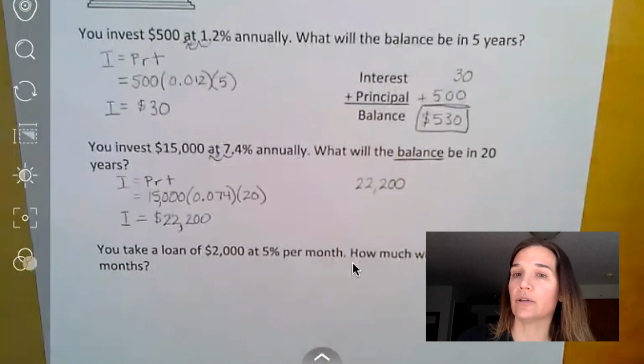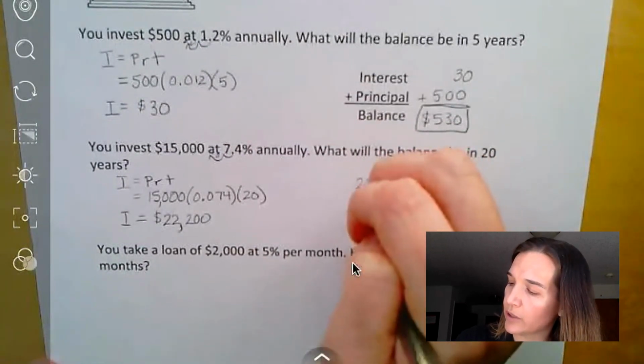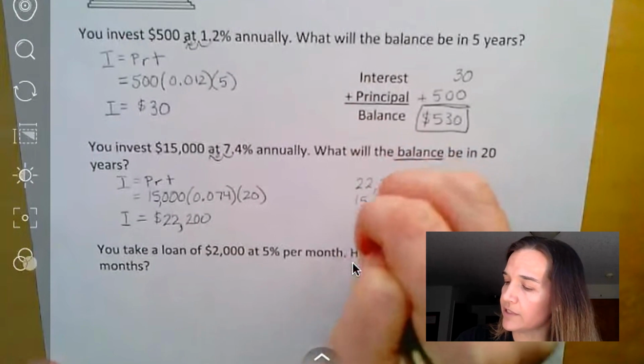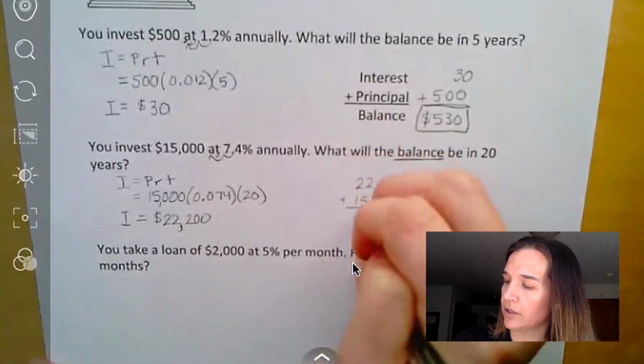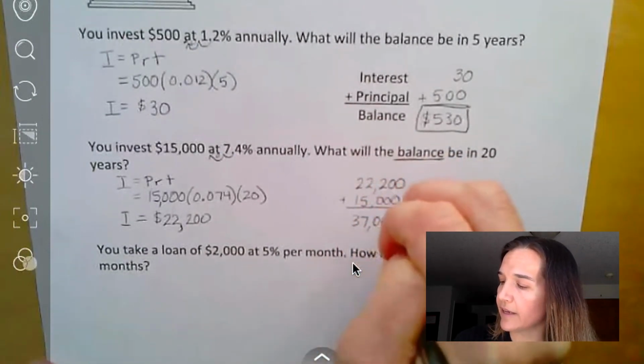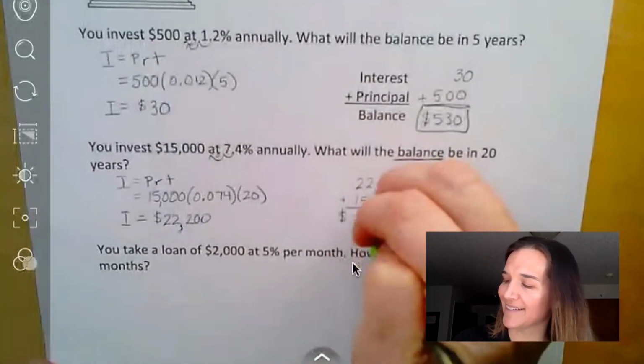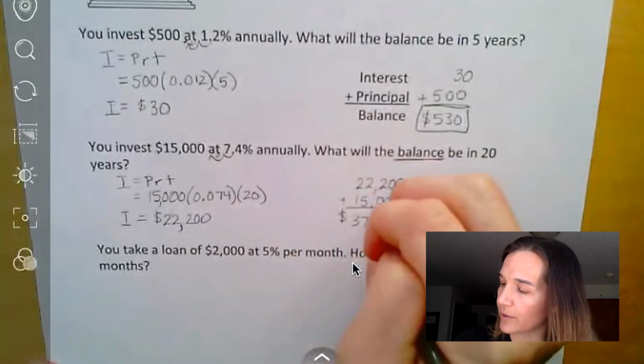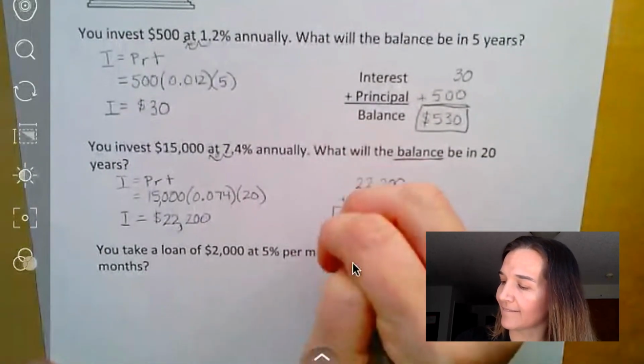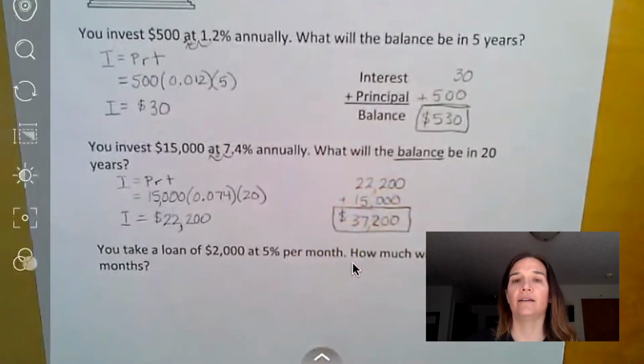We made an extra $22,200, plus we started with the $15,000. Which means at the end of that time, we will have $37,200. This is why we use pencil. And there it is.